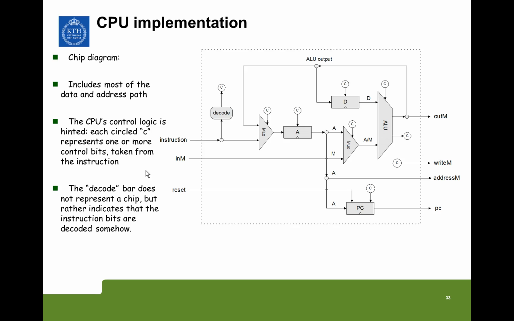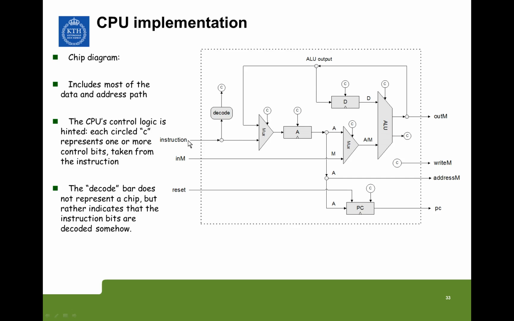Okay, so let's see how the CPU should be then implemented. We have some help for this implementation, this chip diagram. The chip diagram includes the arithmetic unit, the D register, the A register, a program counter, and some multiplexers for different data paths.